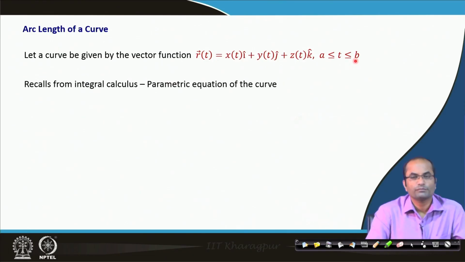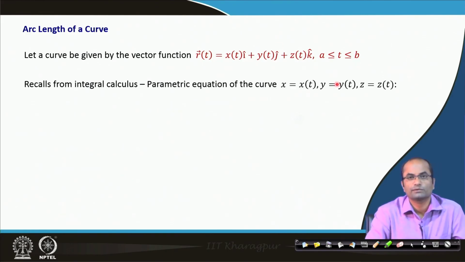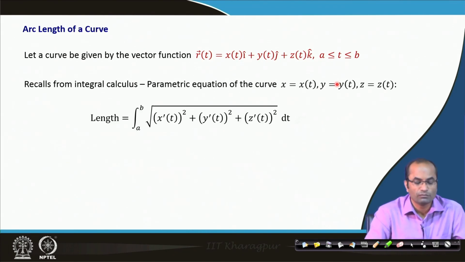If we recall from integral calculus, the parametric equations of the curve are x equal to x(t), y equal to y(t), and z equal to z(t), and the length of this curve is given by the integral from a to b of the square root of x prime square plus y prime square plus z prime square, integrated over t.